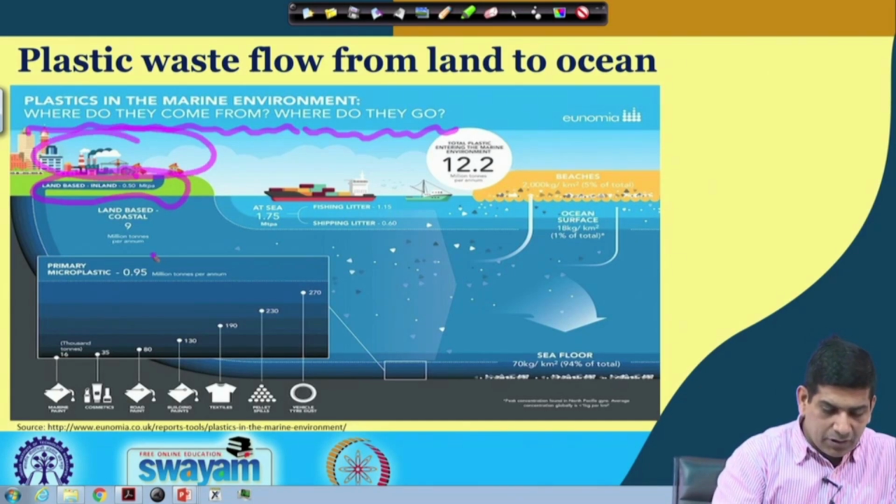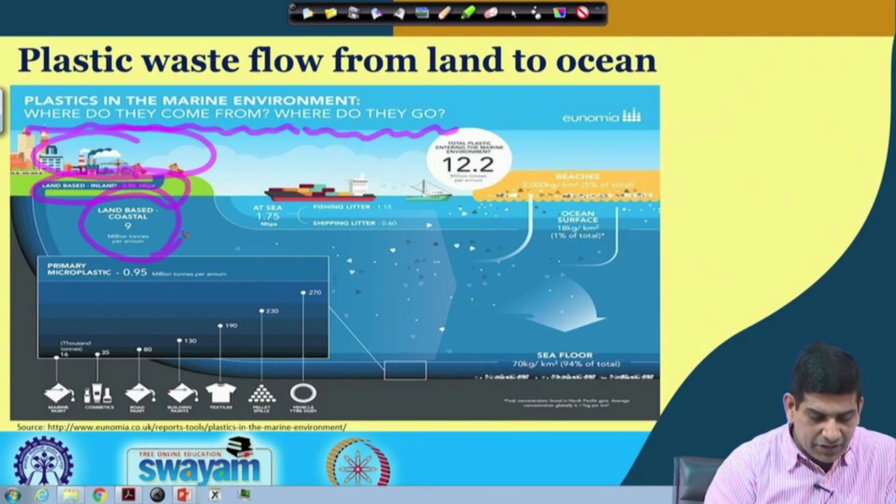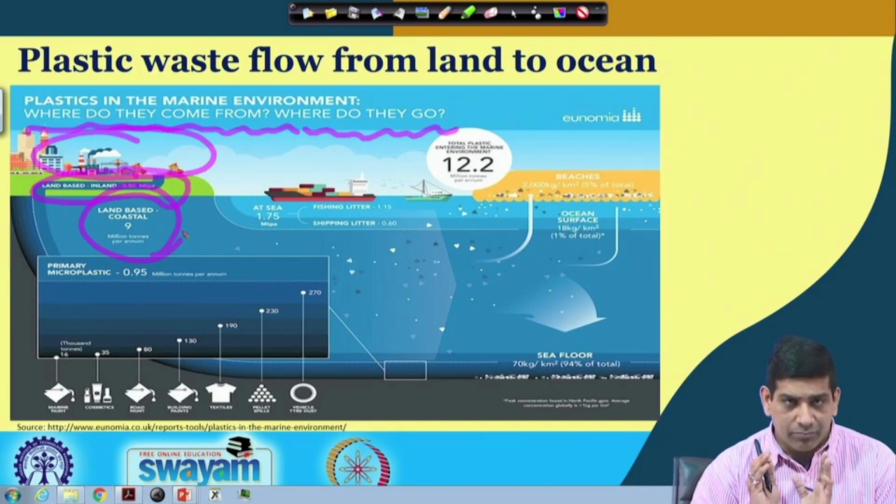Then there are some land-based coastal sources, where people go to the beaches. So here you have 9 million tons per annum. It is estimated that 9 million tons per annum of plastic waste is going into the ocean from beach activities happening globally.